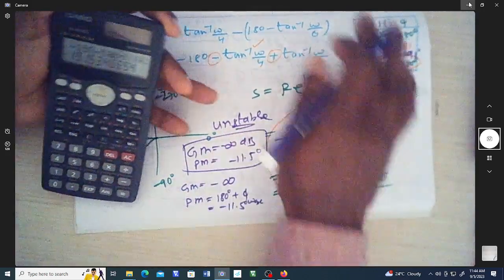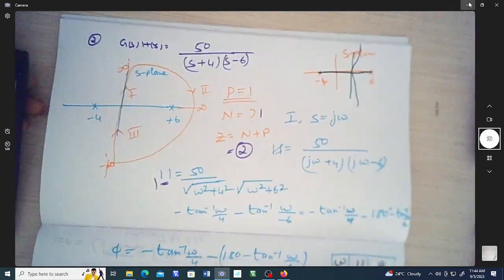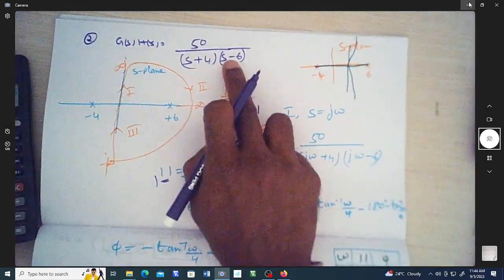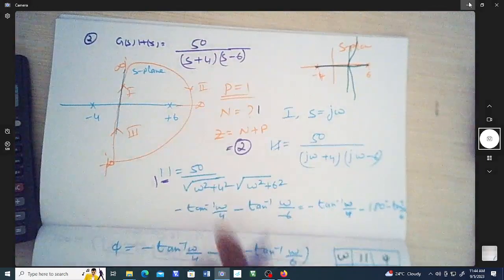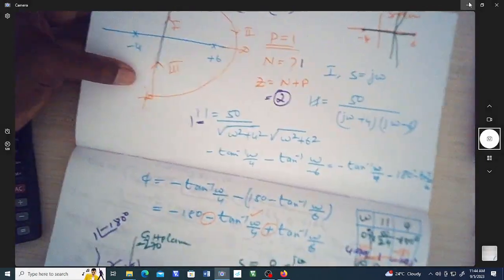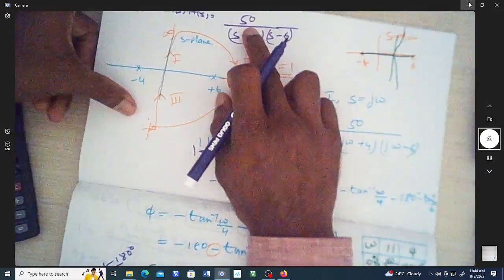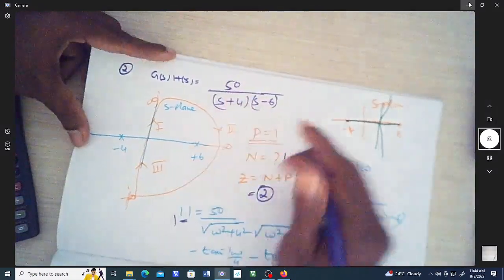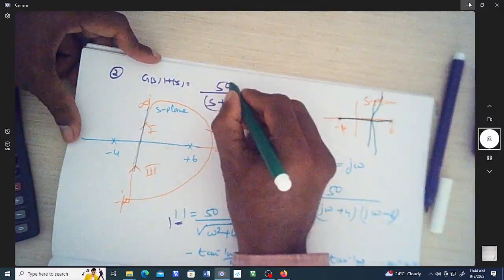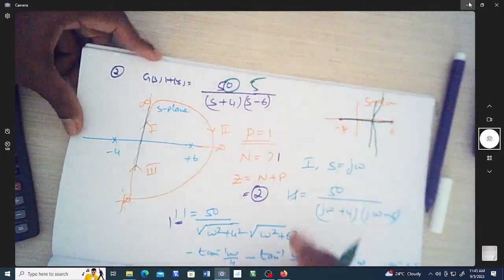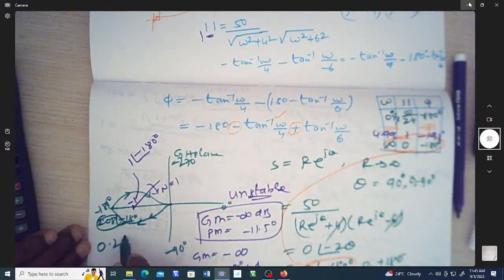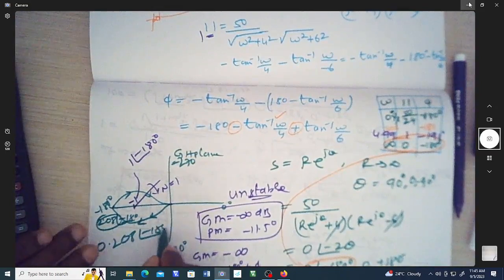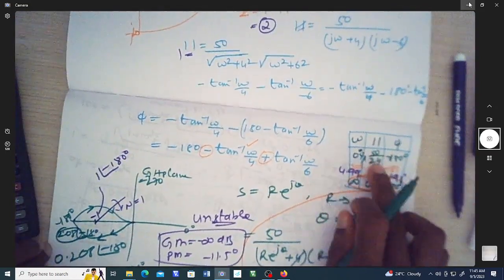Now the system is unstable. Of course, this negative sign is making your P equal to 1. Suppose instead of making this 50, I consider it as only 5. Then it becomes 0.208 at an angle of minus 180, because you are reducing it by 10.